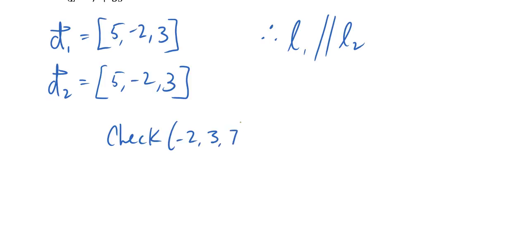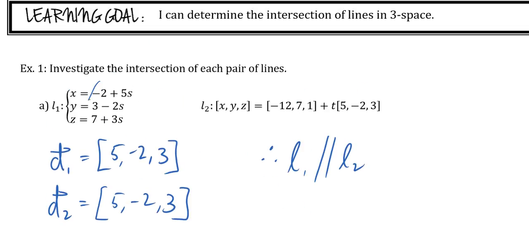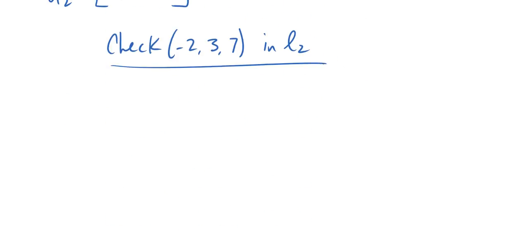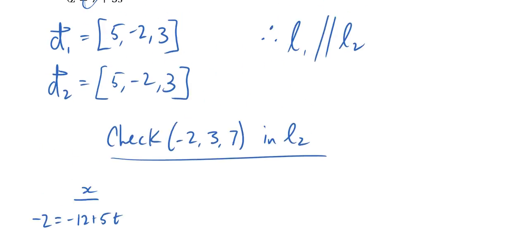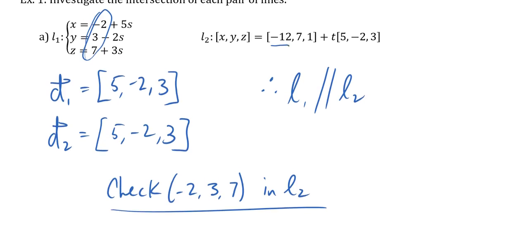-2, 3, 7 in L2. I use that as my point. So -12 plus 5t. I'm using the point from L1 and I'm checking it in L2. Don't use the point from L1 and check it in L1, right?